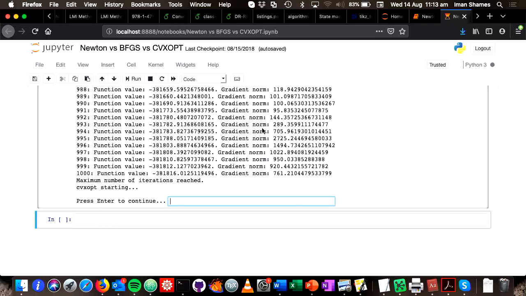So when we say Newton method is fast, we have to be a bit more careful what we mean by fast. It's fast in terms of number of iterations, but it might be slower in terms of real time. And we couldn't answer these questions without spending time understanding the underlying properties of these algorithms.